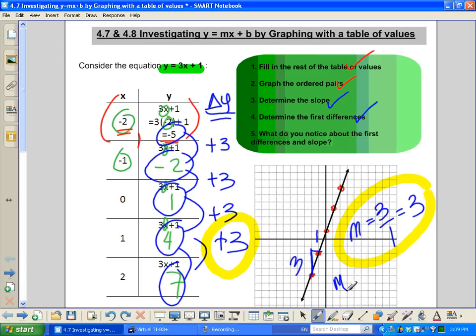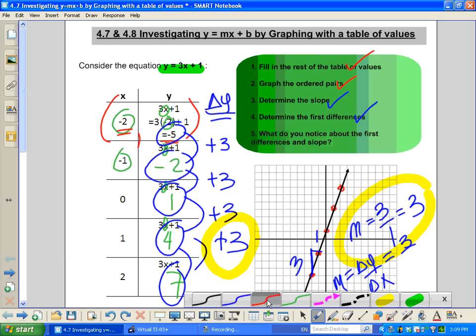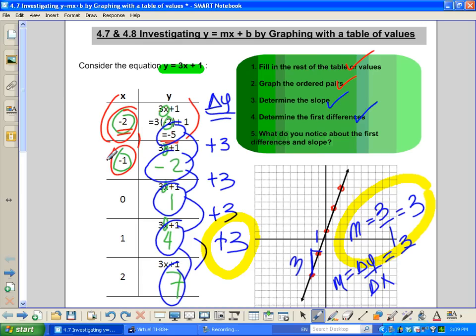You'll remember that the slope also equals delta y over delta x, right? So it represents 3 over, well, what? What is delta x? We'll take a look here. The change in x, because I chose some nice x numbers, is actually just +1 each time. So delta x is actually going to be +1. So 3 over 1 is the same thing as just 3.